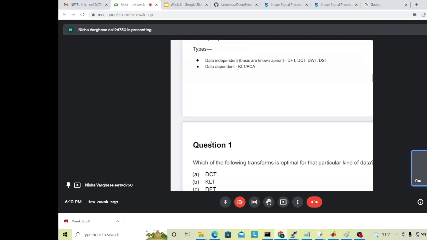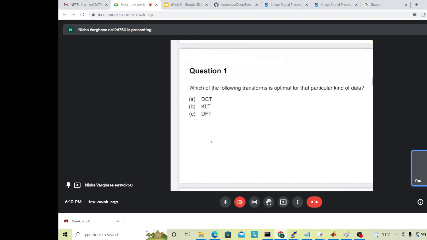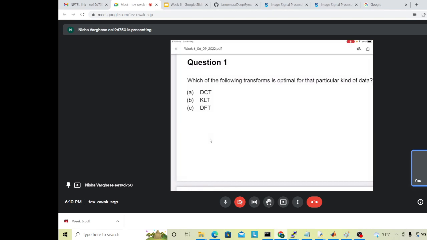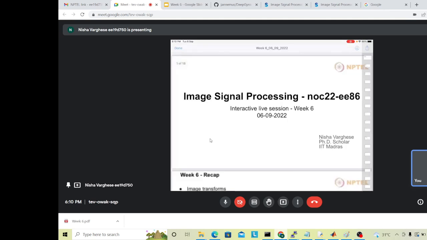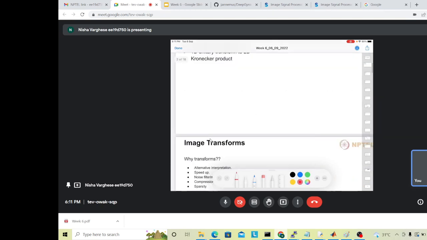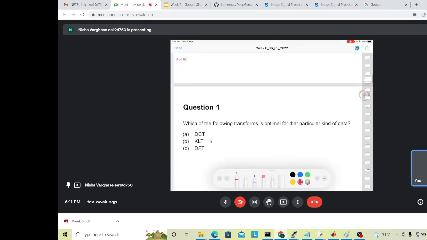So question 1: which of the following transforms is optimal for a particular kind of data? DCT, KLT, DFT.